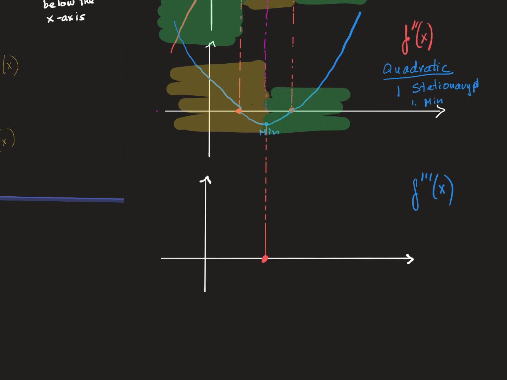So the positive numbers will now be on the right, and the negative numbers will be on the left. And we have a linear function. Okay. We don't need to go any further.